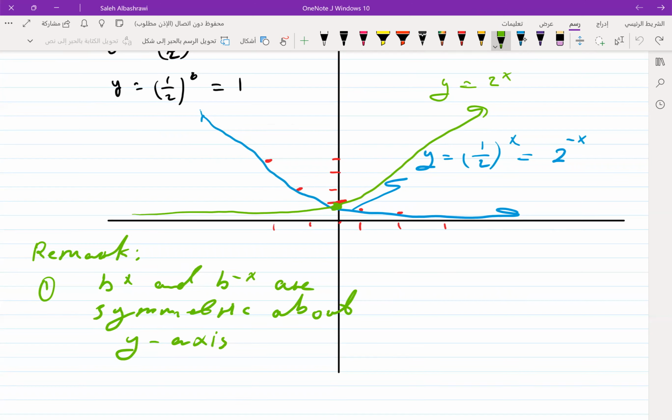Symmetric or reflections. I can say that it is like we have a mirror on the y-axis, so the image will be reflected about the y-axis. So b to power x and b to power minus x are symmetric about the y-axis.